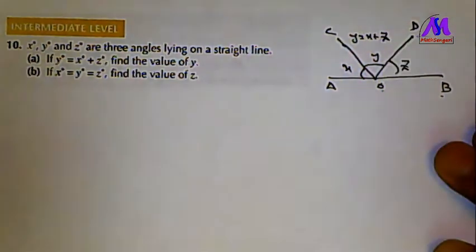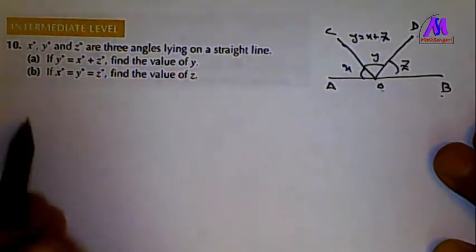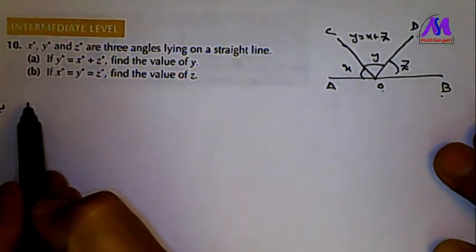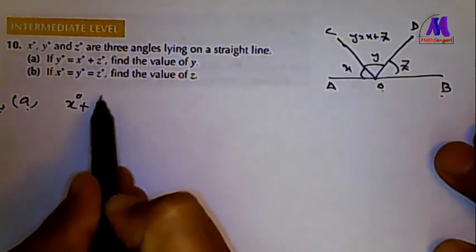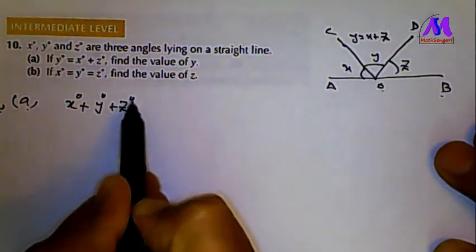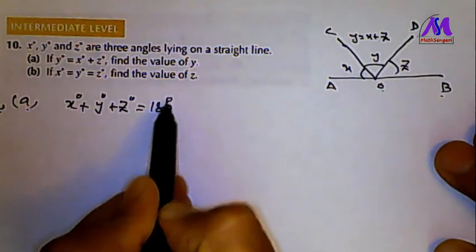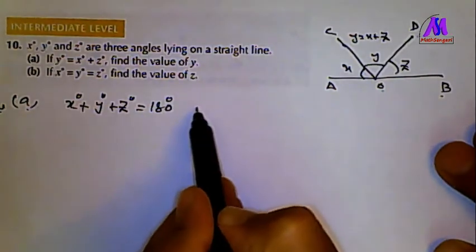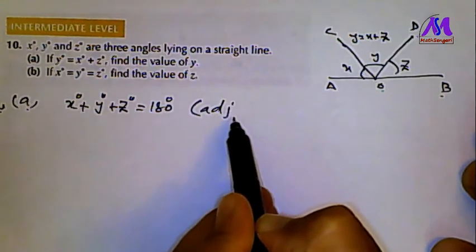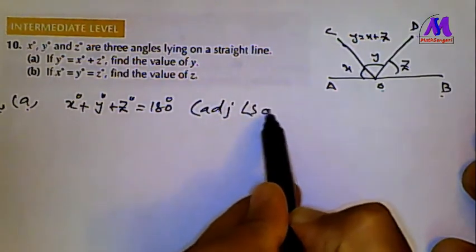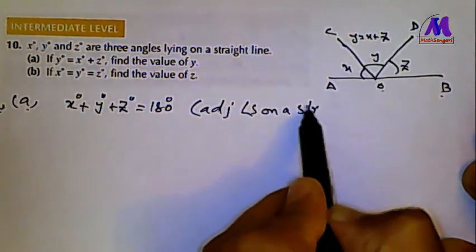So for part A, write x degrees plus y degrees plus z degrees will be equal to 180 degrees. Why 180 degrees? Because they are adjacent angles on a straight line.